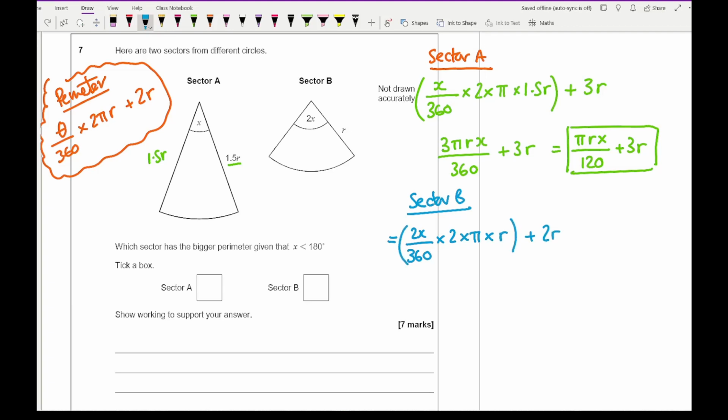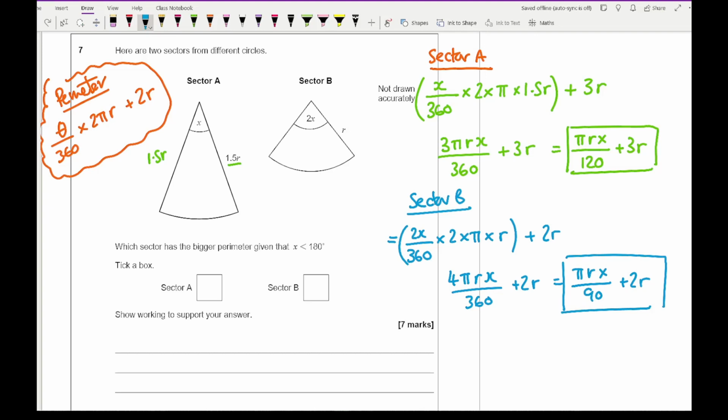So again, simplifying this bracket here, we've got 2x times 2 times pi times r, which gives me 4 pi rx over 360 plus 2r, which if I simplify the 4 and the 360, I'm going to get pi rx over 90 plus 2r.